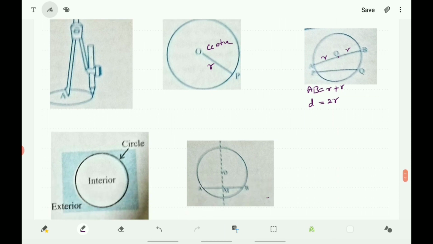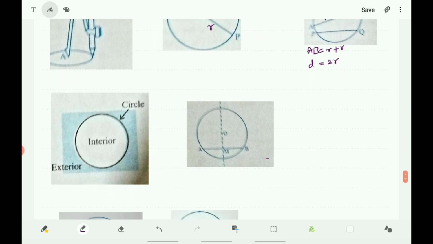Now, you know that a circle divides the plane on which it lies into three parts. They are inside the circle, which is called the interior of the circle, the second one is the circle itself, and the third one is outside the circle, which is also called the exterior of the circle.